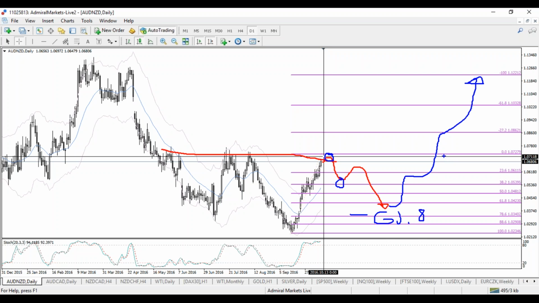So for New Zealand to make that retracement, that would mean that Aussie needs to make some correction first. Aussie to the downside, New Zealand to the upside for this New Zealand. But then after that, Aussie should take off.